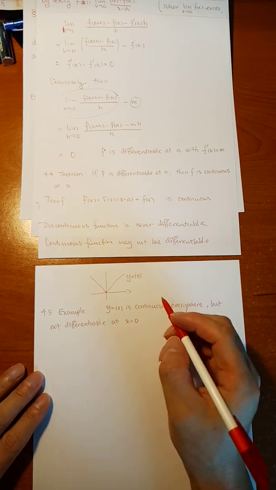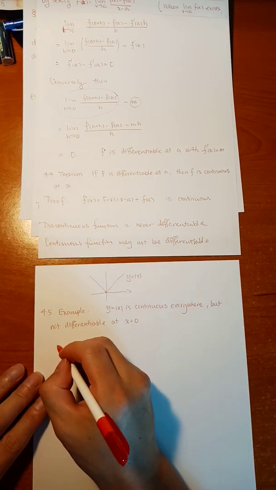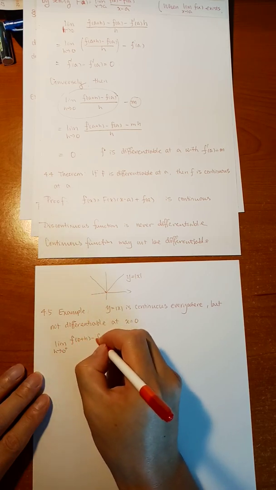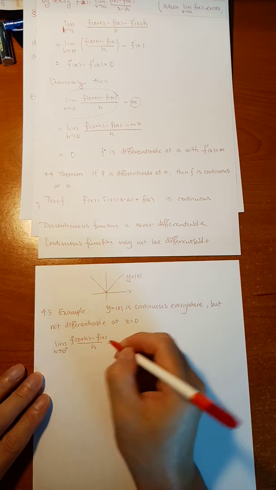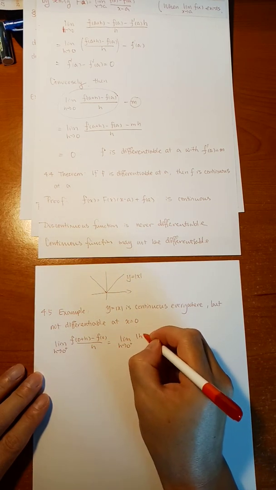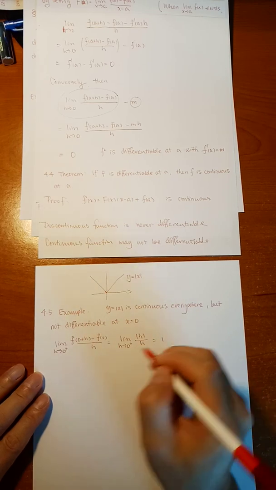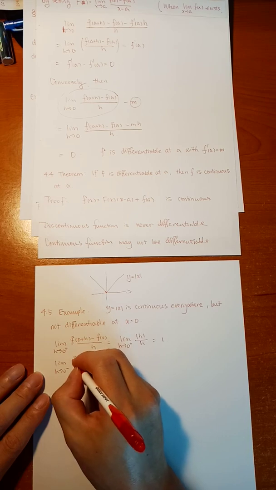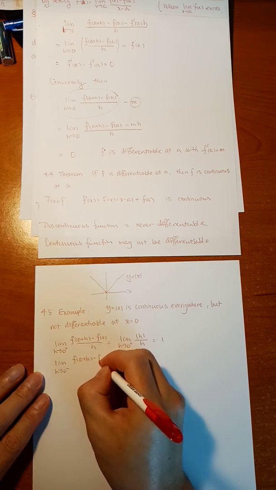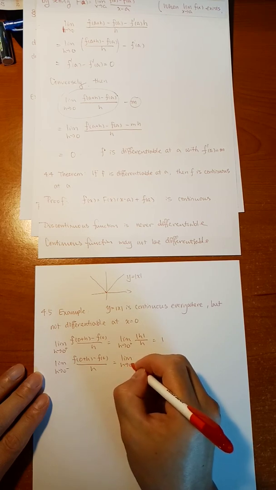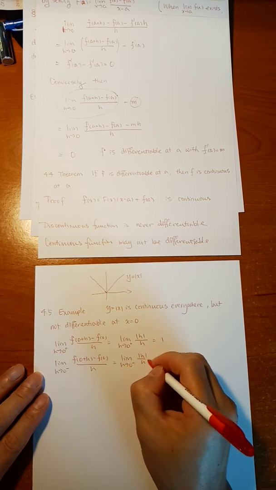How do we prove it? We can easily see that the limit as h approaches 0 from the right side of (f(0+h) minus f(0)) over h is just the limit of the absolute value of h over h, which is equal to 1. And the limit as h approaches 0 from the left side of (f(0+h) minus f(0)) over h is the absolute value of h over h.